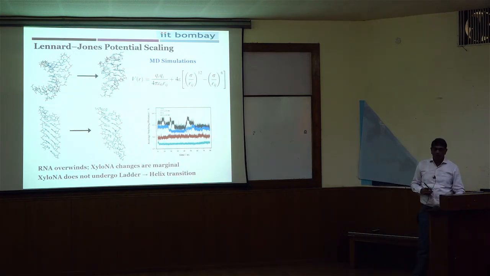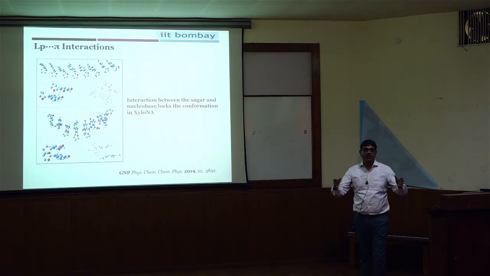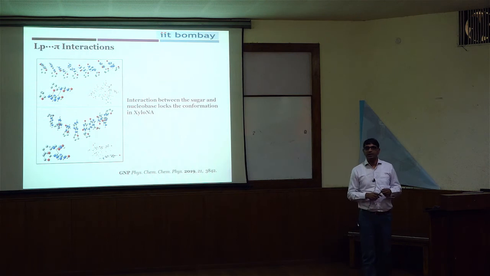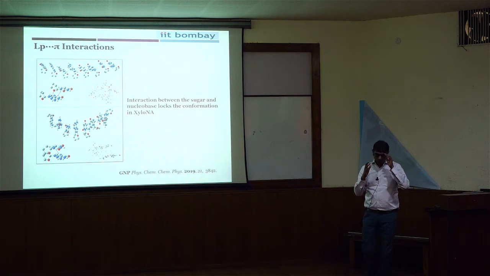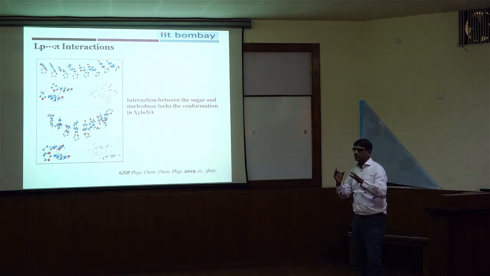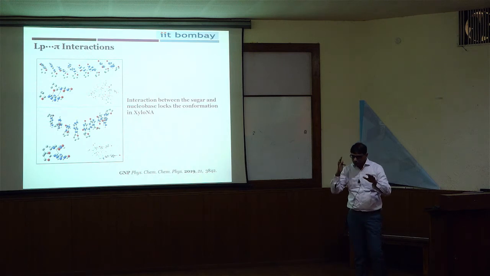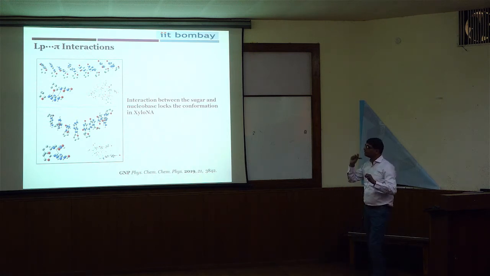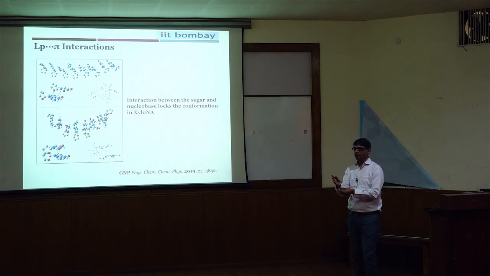Now the reason we wanted to find out is why this is the case. So we looked at how the sugar is disposed with respect to the nucleic acid structure. In the case of xylose, what happens is the orientation of the sugar is almost perpendicular to the plane of the base, in which the sugar O is pointing towards the plane of the base, and when you quickly do some atoms in molecules calculations, you can figure out there is a lone pair pi interaction, what Alok would call an n to pi star interaction.